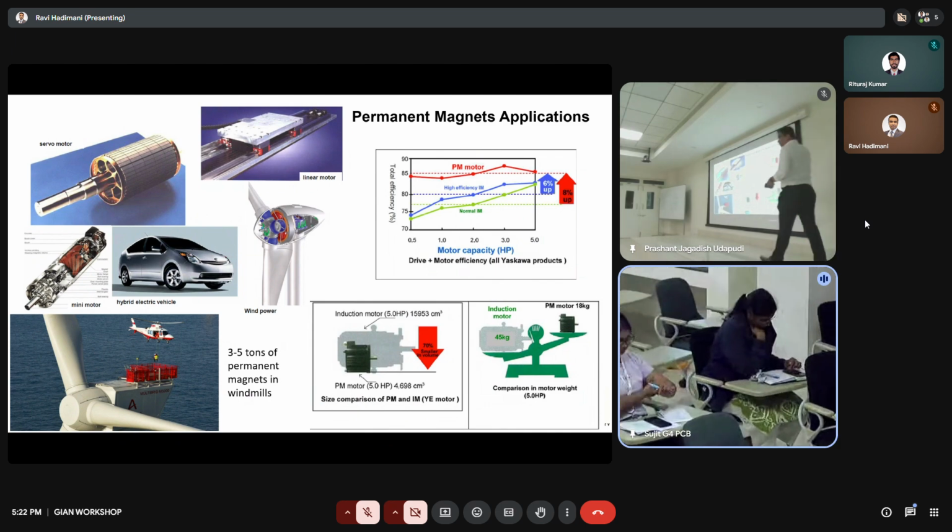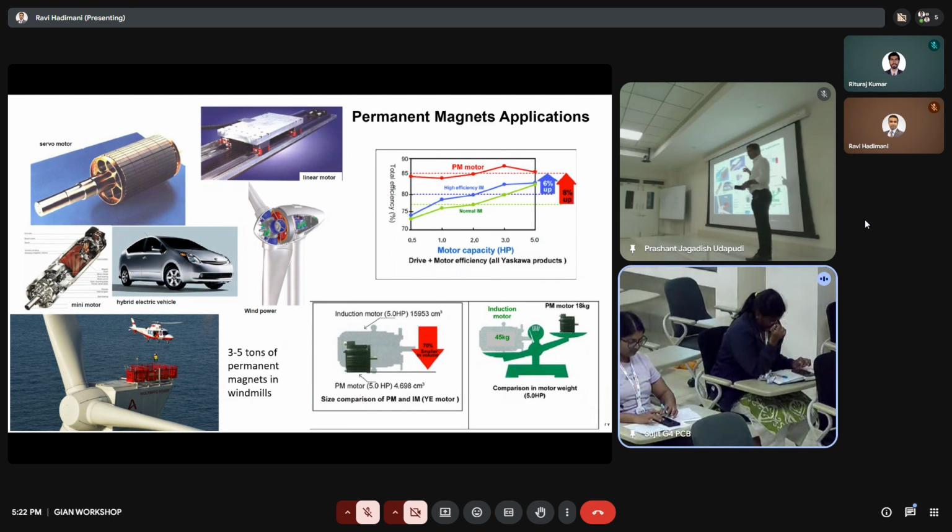They mastered the way to purify rare earths, and all these permanent magnets are neodymium iron boron.